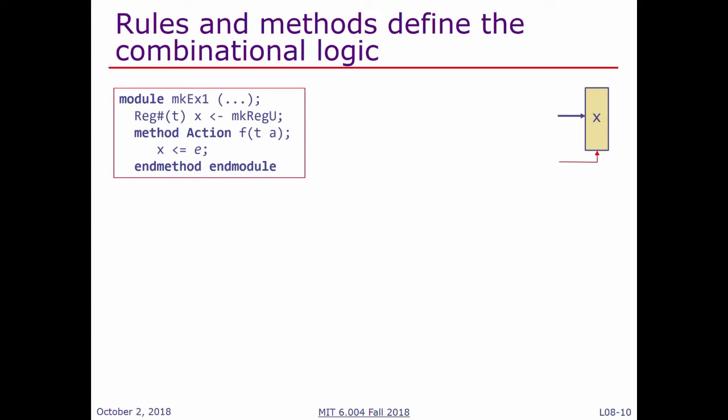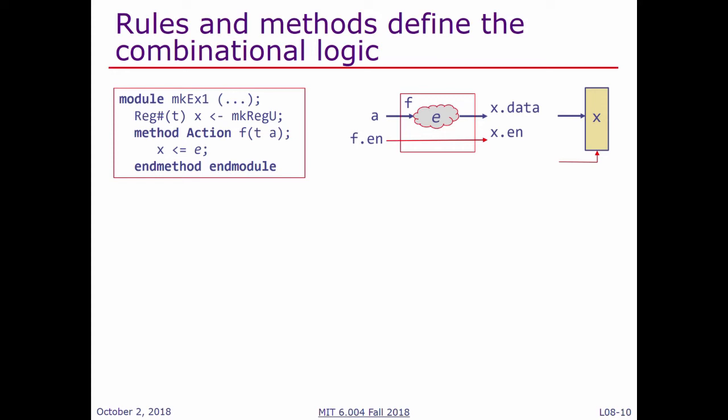Very good. Now let's focus on this action method, F. What is this saying? You take E, which is a combinational expression of some sort. It may be A plus 1, it may be A plus 50, it may be A squared, whatever.